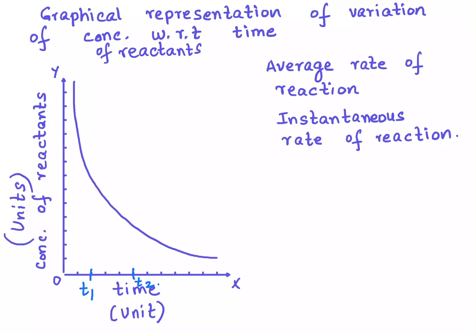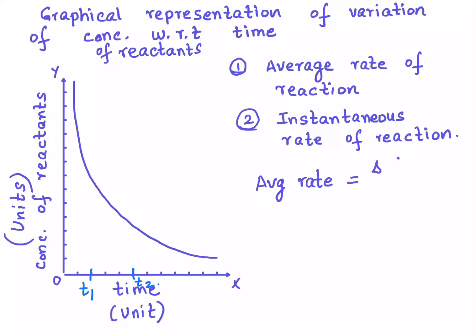We are going to determine two things from here. First, the average rate of the reaction with regard to the concentration of reactants, and the instantaneous rate of the reaction. So when I say average rate of reaction, that means the rate of reaction with regard to the reactants, that means change in the concentration of reactants with regard to time, right?